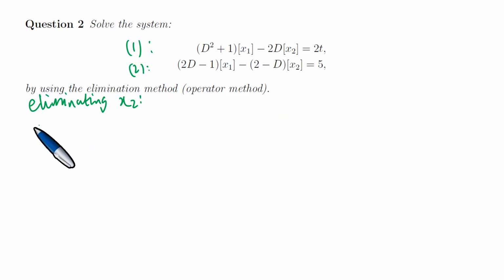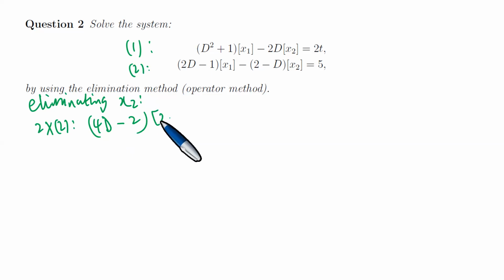Right, so we're going to say 2 times equation 2. Okay, you can write the first one first, doesn't matter. And then now if we do that, it's going to be exactly 4d here minus 2 x1, 4 minus twice d.